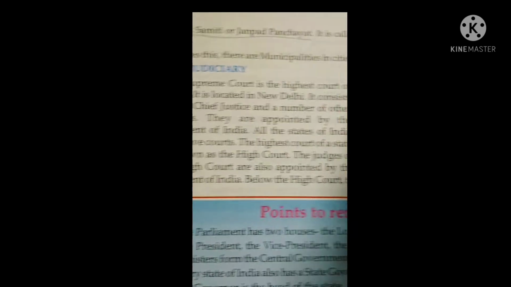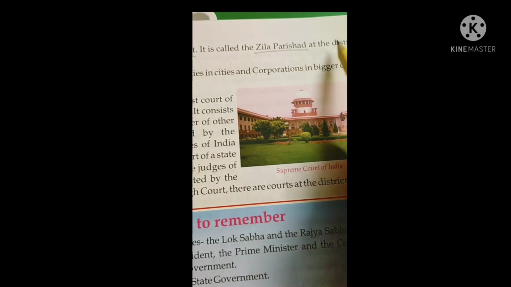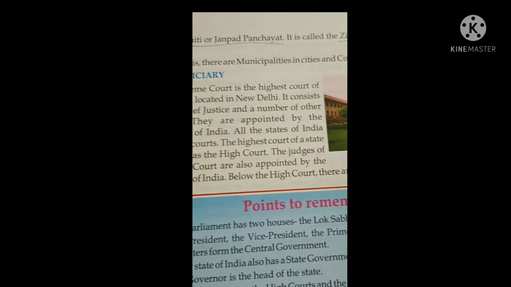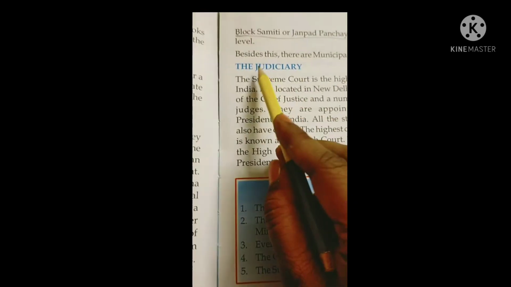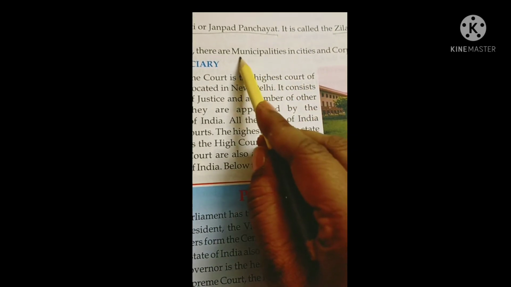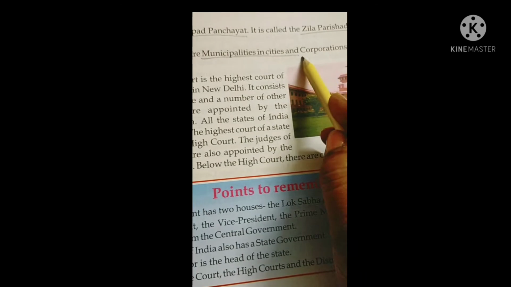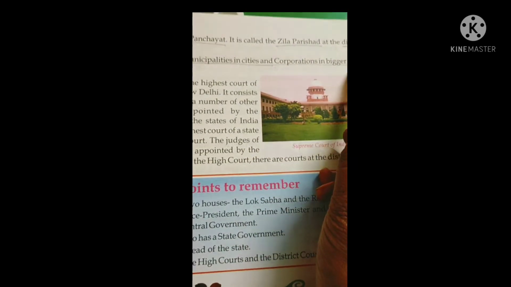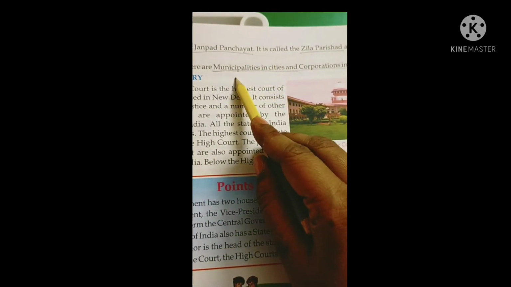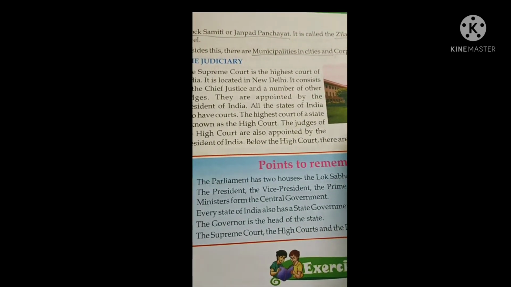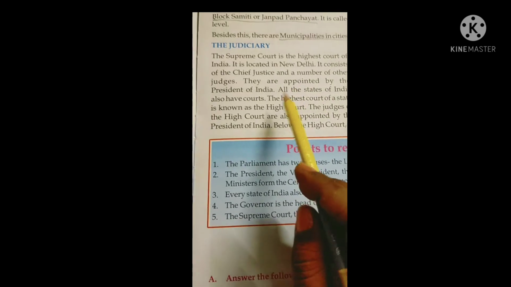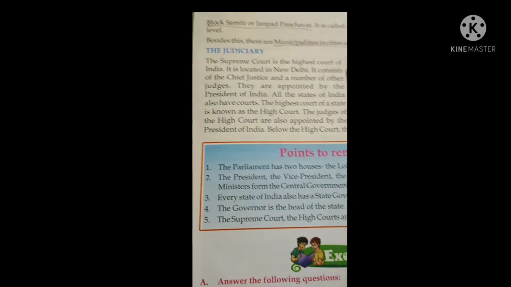Then it is called Zila Parishad at the district level. Block level पे block samiti, district level पे Zila Parishad. Then besides these there are municipalities in cities and municipal corporations in bigger cities. छोटे cities में municipalities हैं और bigger cities में municipal corporations हैं. This is the three-tier system. Next we will study about judiciary.